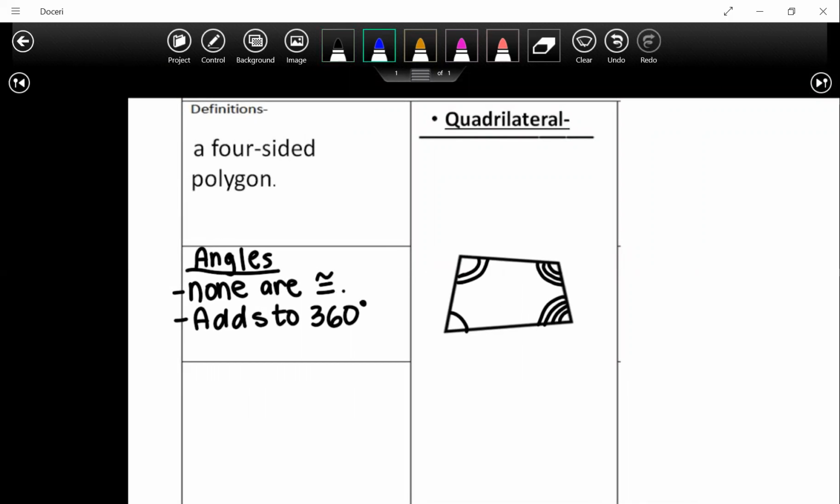The next part that we're going to also talk about is sides. One thing that we're getting from these properties is none are congruent.